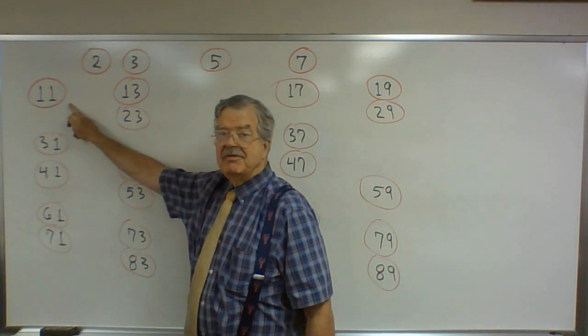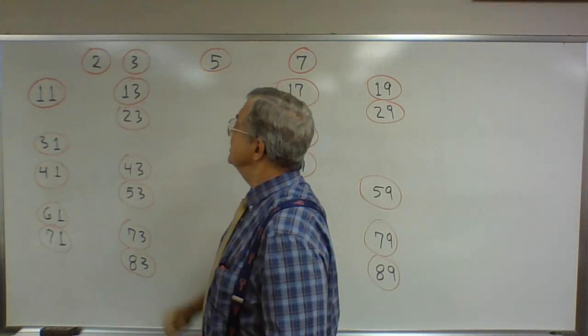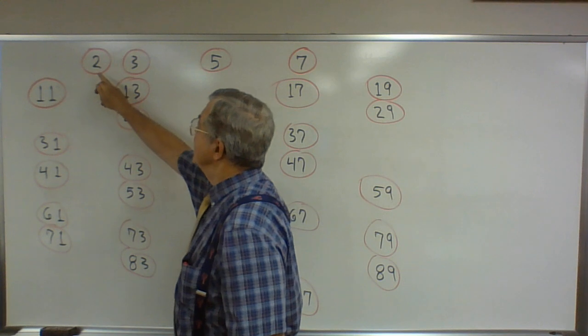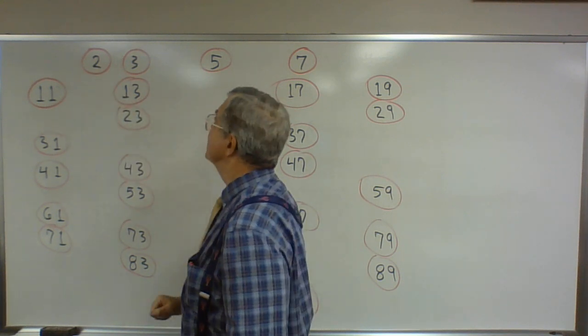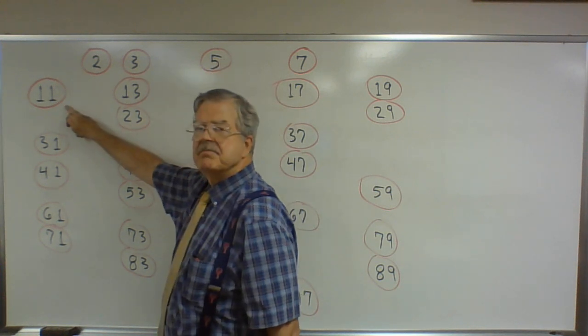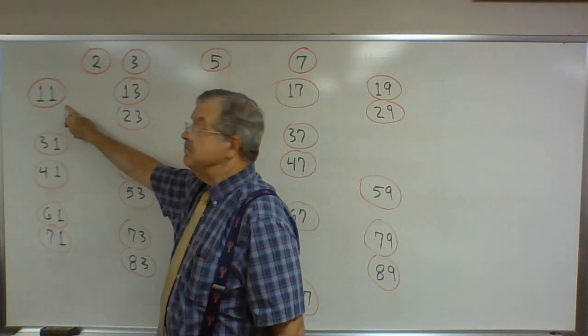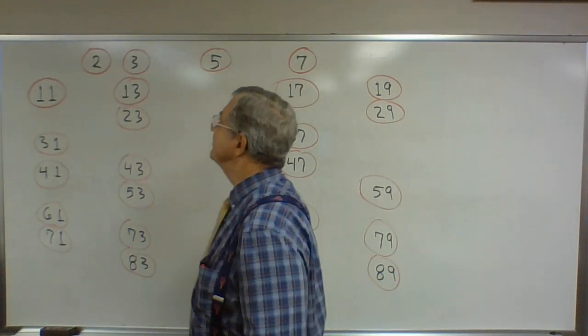11 times 11, 11 times 13, 2 times 5 times 11, 110. 3 times 5, 15 times 11. That would be what, 165?